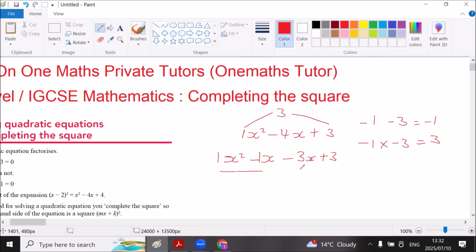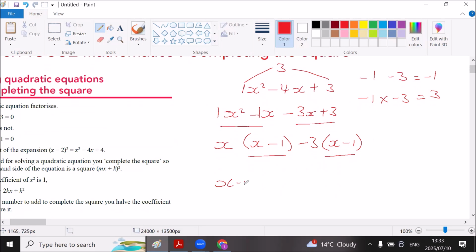Then we factorize here and factorize there. x is common, so x factor of x, or 1x minus 1, minus 3 factor of x minus 1. Then we factor out this common term, x minus 1, x minus 3.